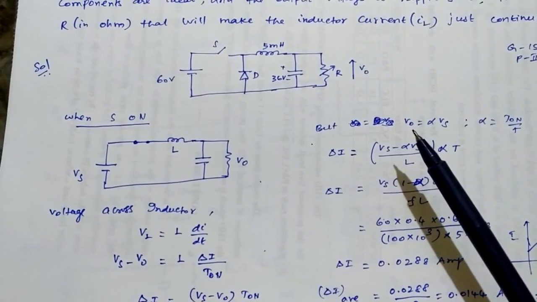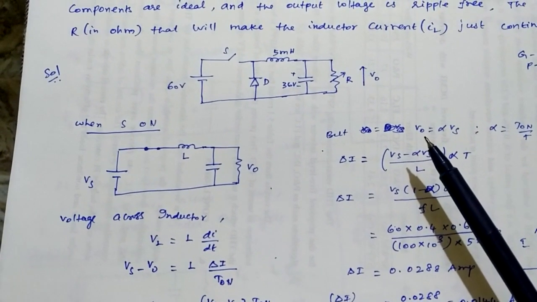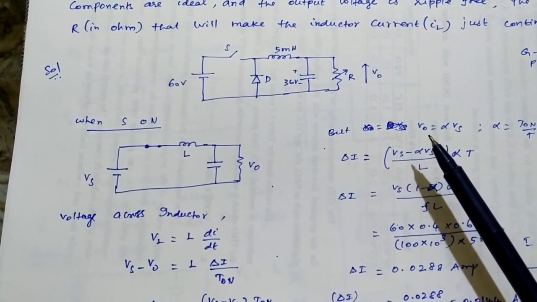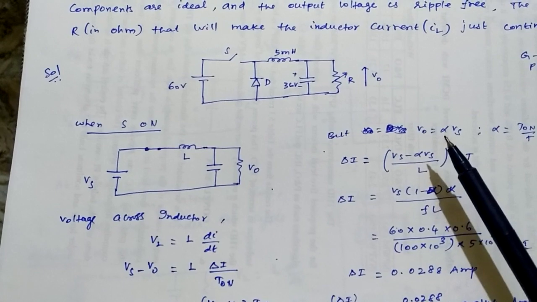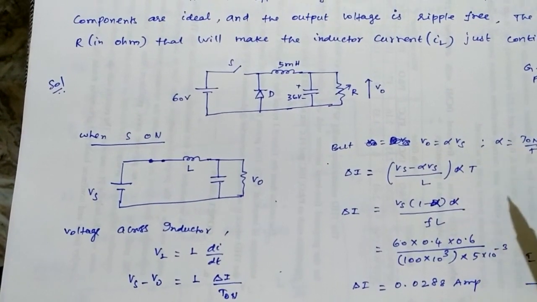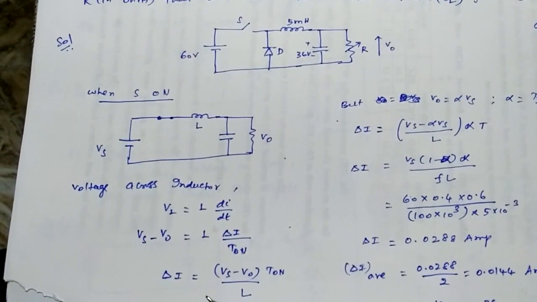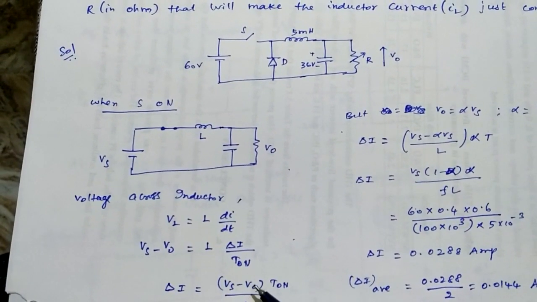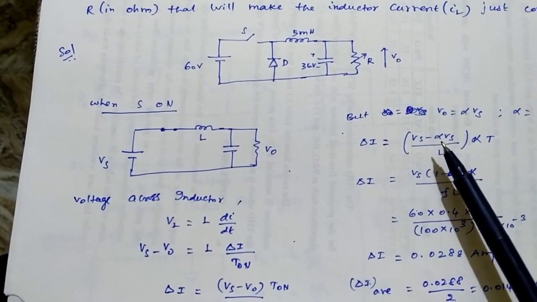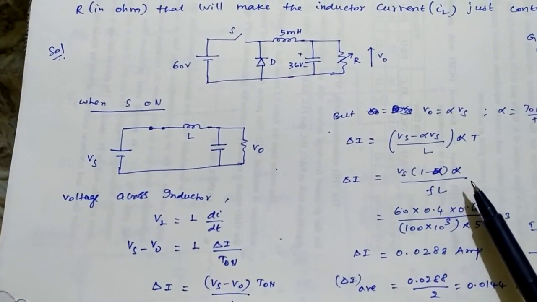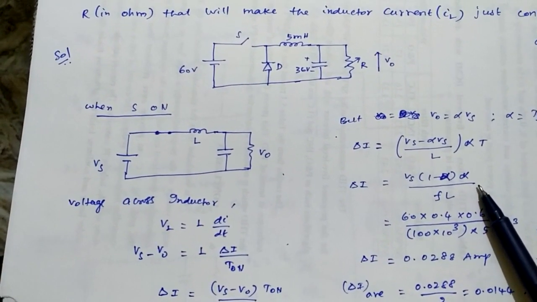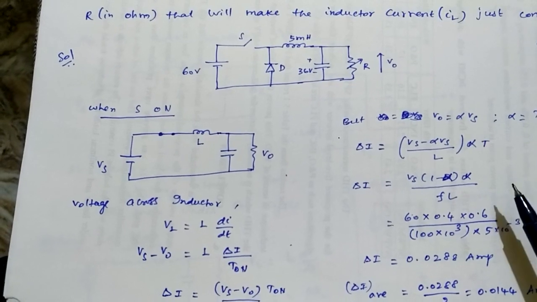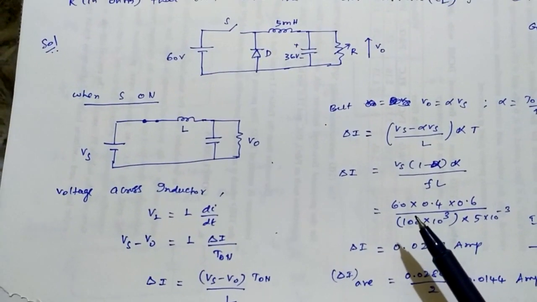Again, the given converter is a buck converter. Buck converter output voltage is equal to duty cycle into Vs. So in this del I, we substitute V0 equal to alpha into Vs and proceed. We got the formula for del I. Now substitute all the known values.